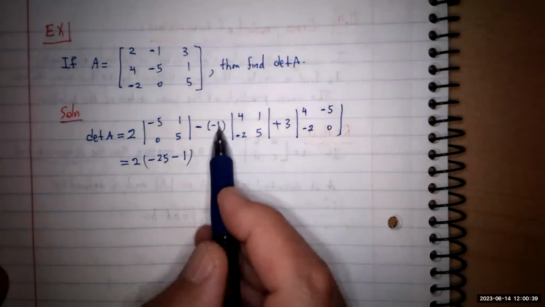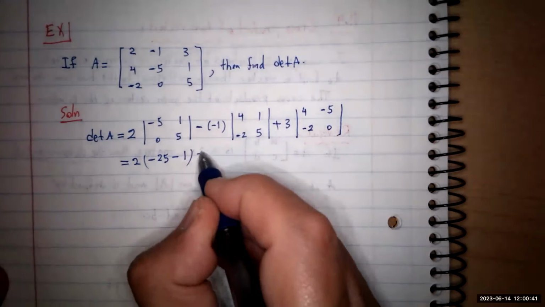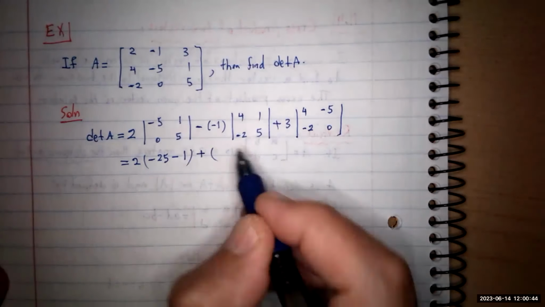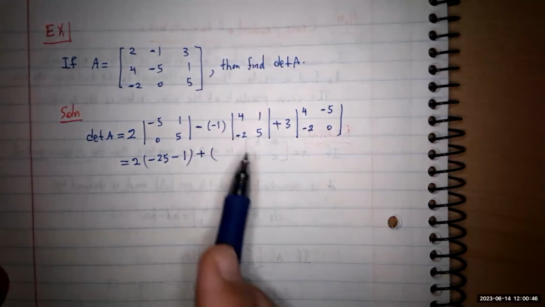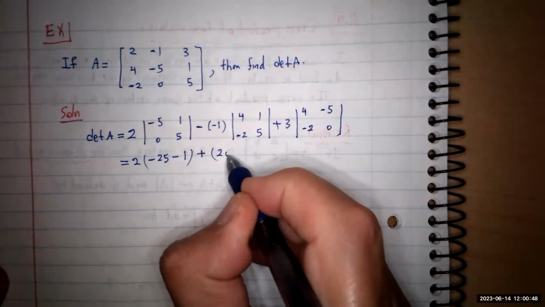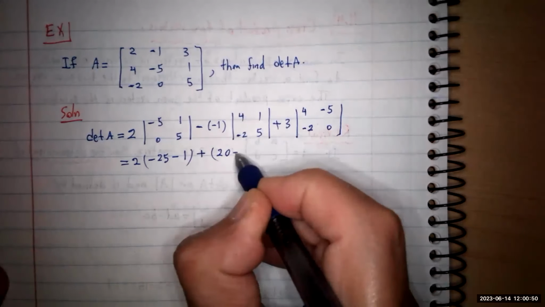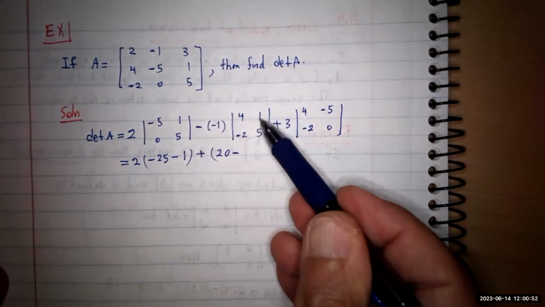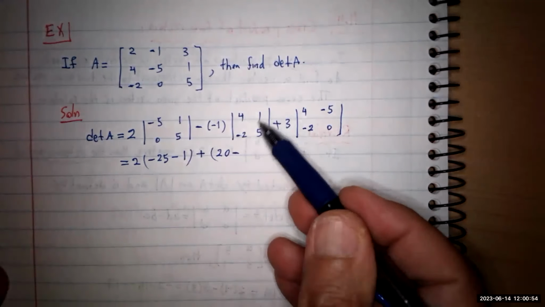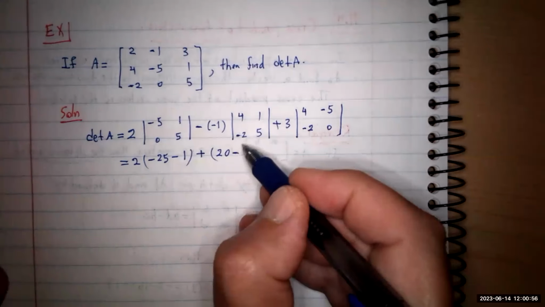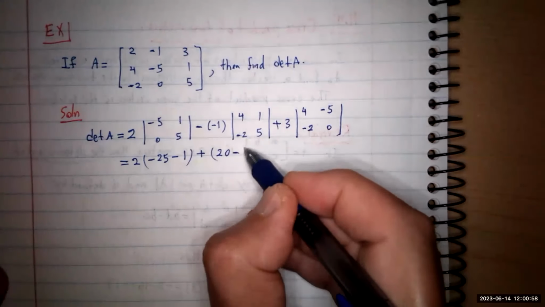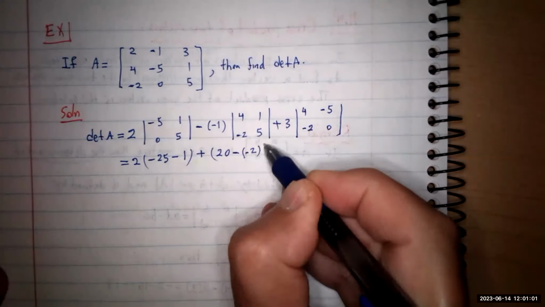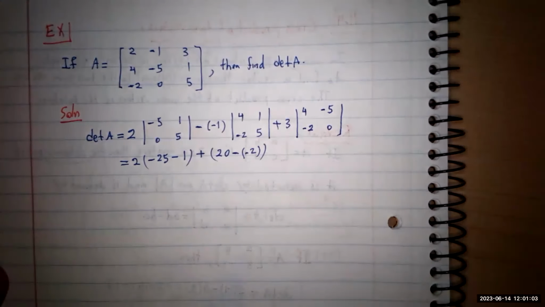Next one, a negative would be positive. So we won't get anything, it's just 1. Cross multiply: 4 times 5, 20, minus negative 2 times 1, which is negative 2. Okay, so it's going to be minus negative 2, but I write it down so that you know what's going on. Okay, that's the case. Now plus 3.